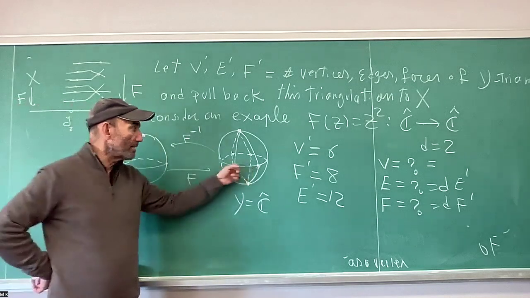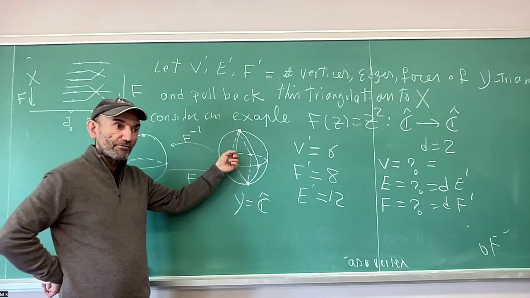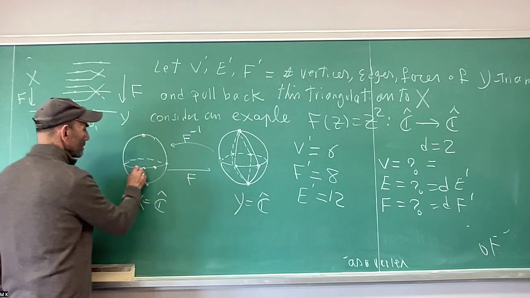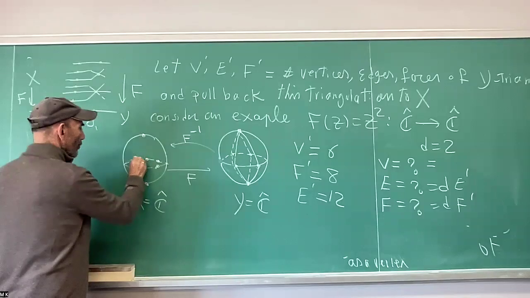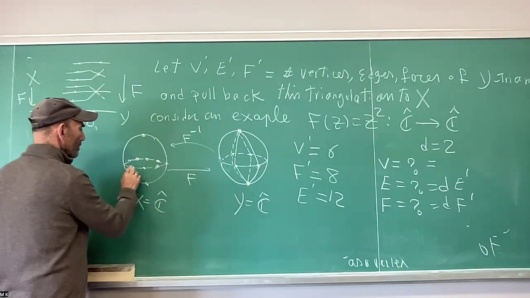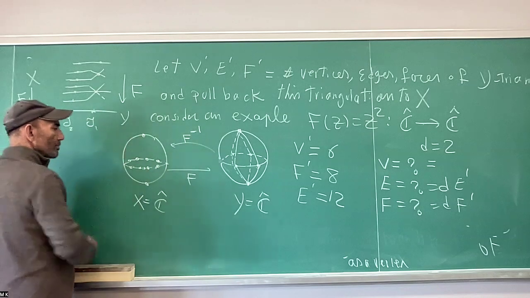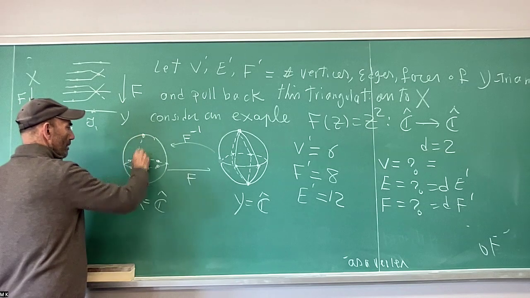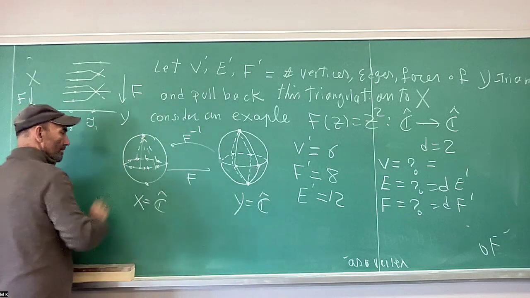But these 4 other points are going to be multiplied by the degree of the map, which is 2. So you're going to get 8 vertices here.